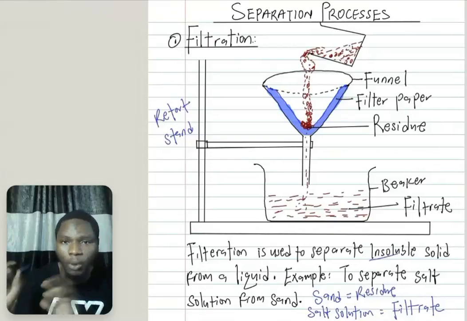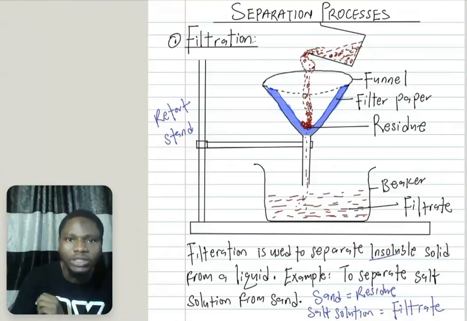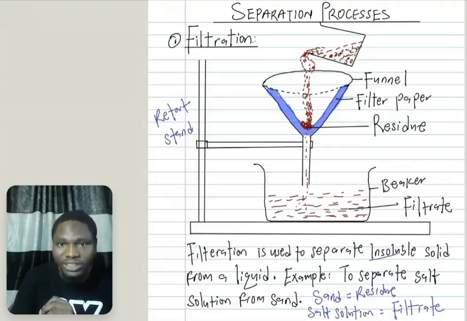When you pour the mixture into this funnel, the insoluble component will be trapped at the filter paper. The insoluble component is called the residue. The part that is insoluble will be trapped at the filter paper. Remember, sand will be trapped at the filter paper. It means that the sand is the residue.